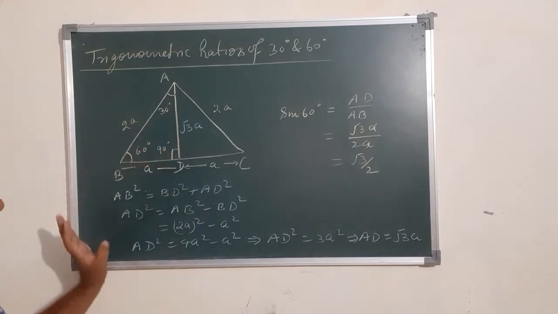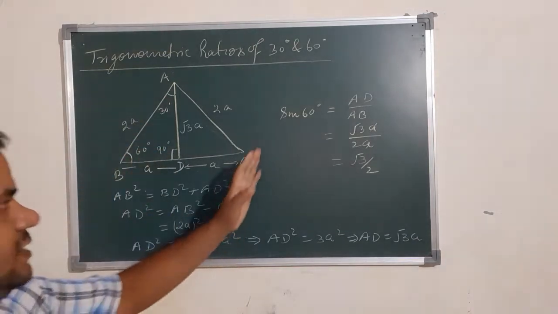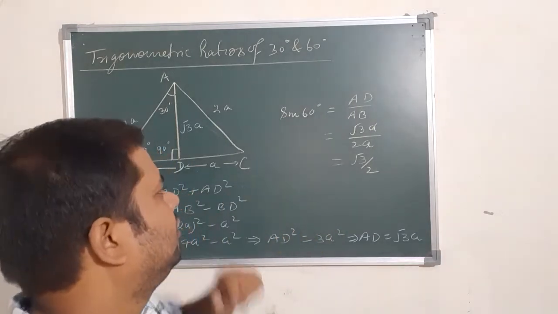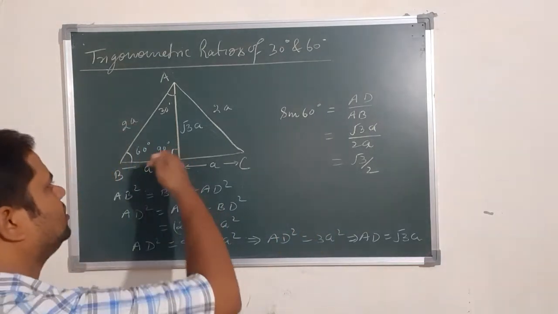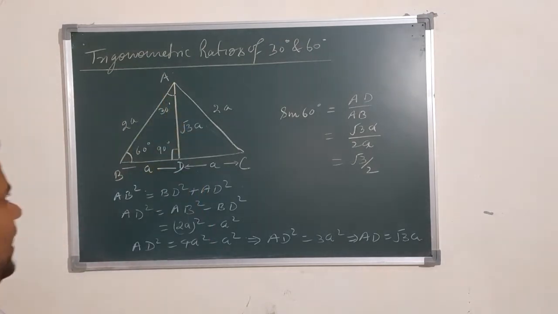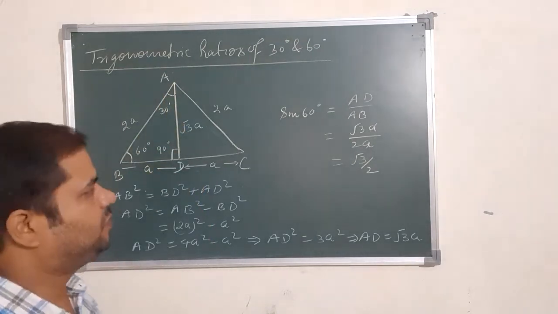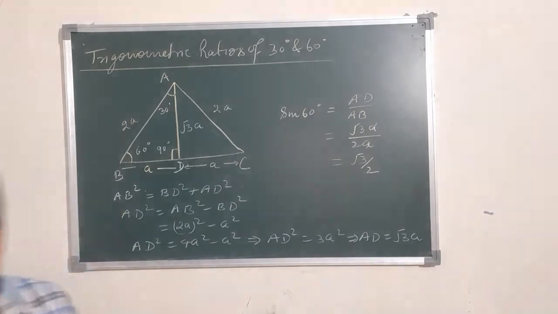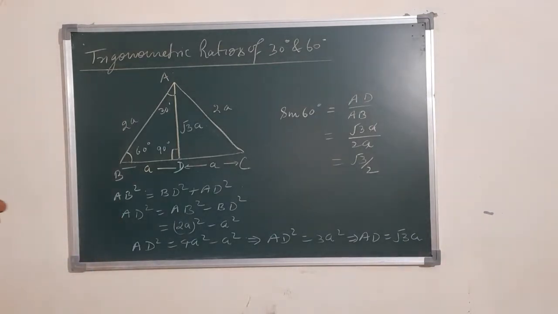Sine 60 is perpendicular upon hypotenuse, so for this particular angle 60 degree the perpendicular is AD and the hypotenuse is AB. Then AD upon AB, this is sine 60. Similarly we find cos 60 and tan 60.